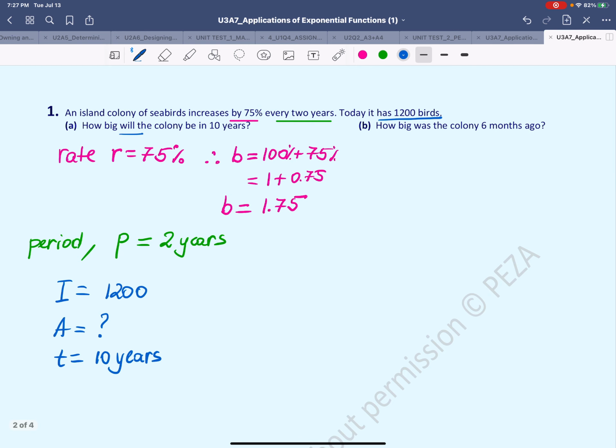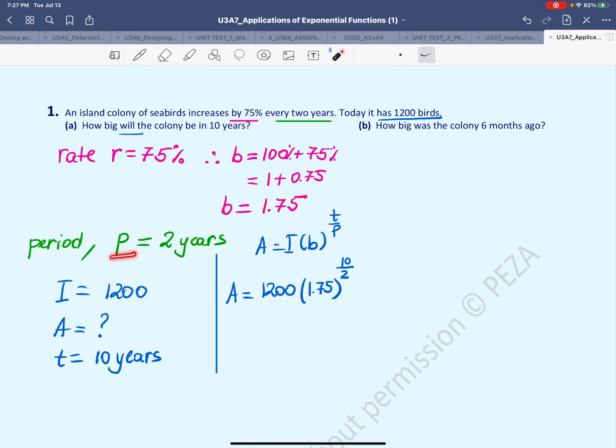So now that we have all the information organized here, what we're going to do is use the formula. A equals I, B to the power of T over P. A equals 1,200, B is 1.75, total time is 10 years, and period is 2. It is very important that the time period and the total time are measured by the same units. Use the calculator to find the answer.